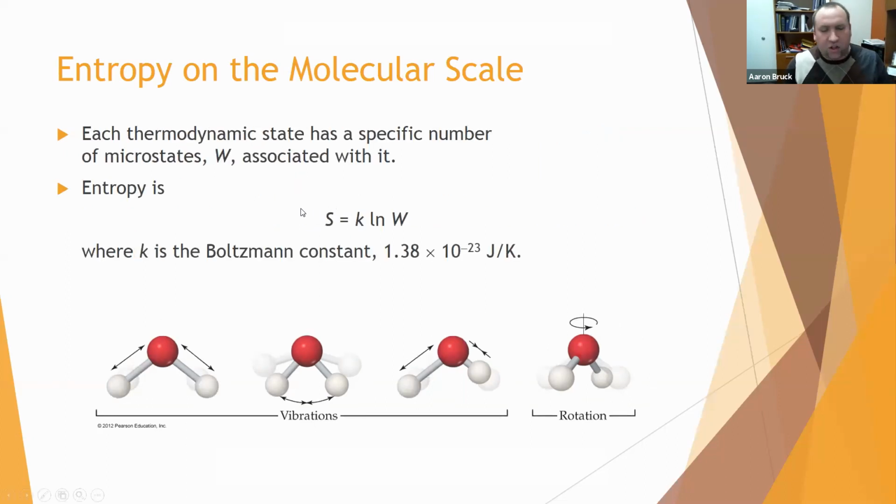And each thermodynamic state has with it a set number of microstates. So Boltzmann's law is this: the entropy of a system is equal to the Boltzmann constant multiplied by the natural log of the number of microstates that are present. And what we can derive from this is that with more microstates, more different ways that we can picture those molecules in space, the greater the entropy is going to be.